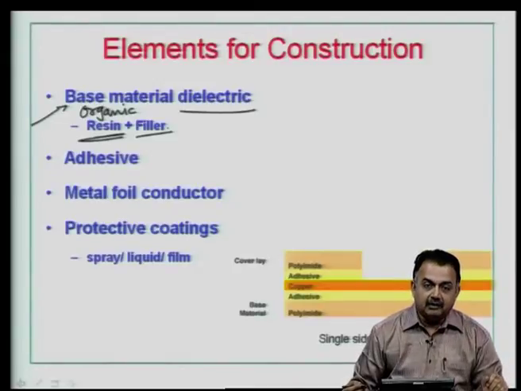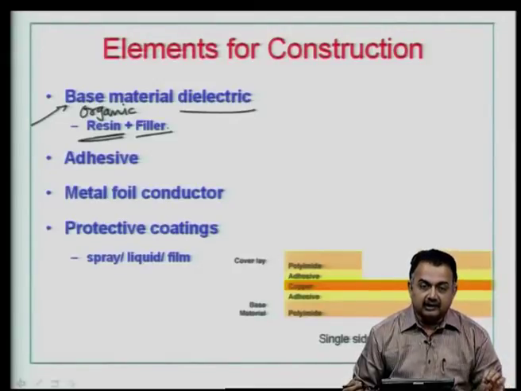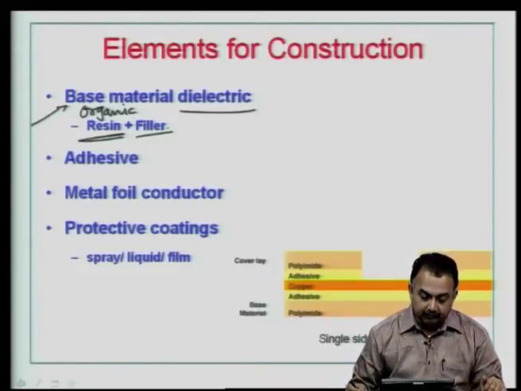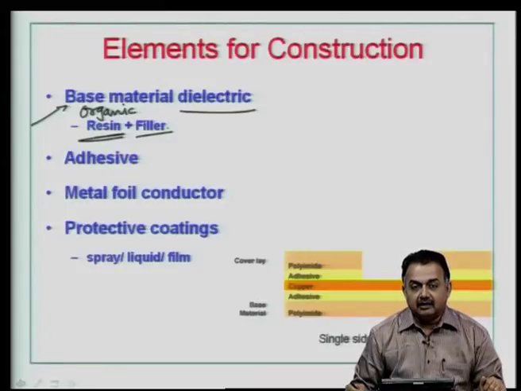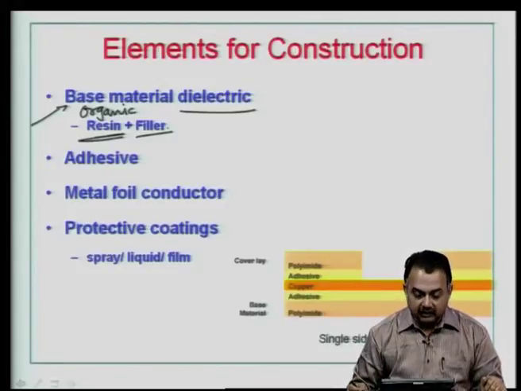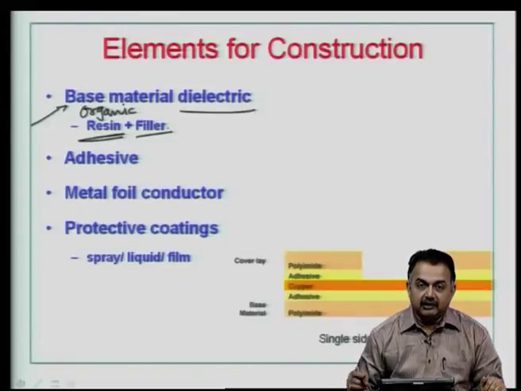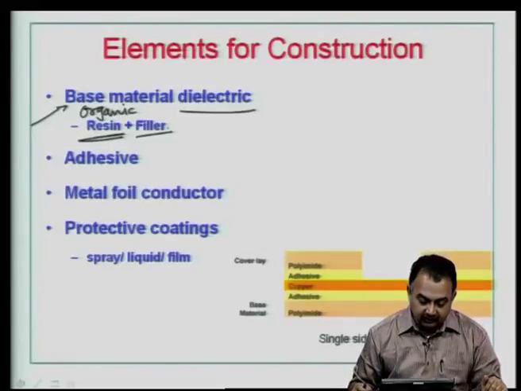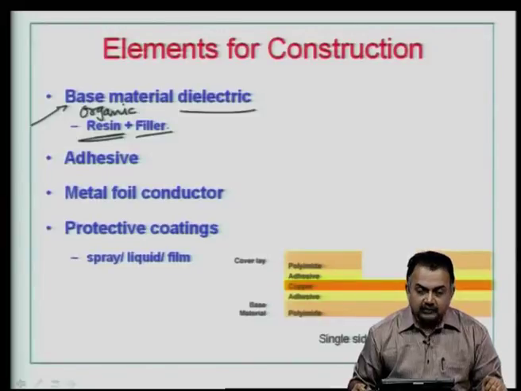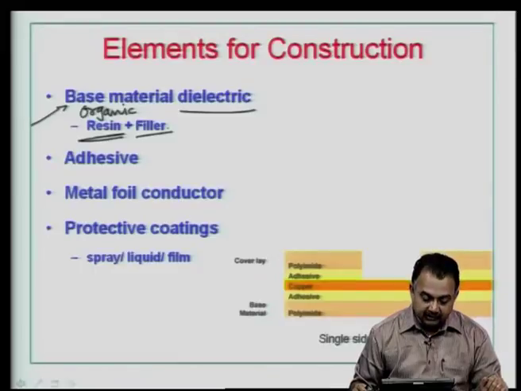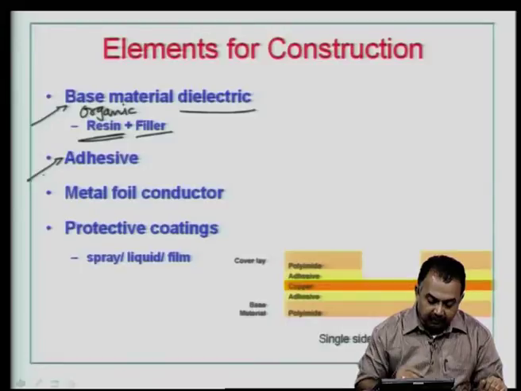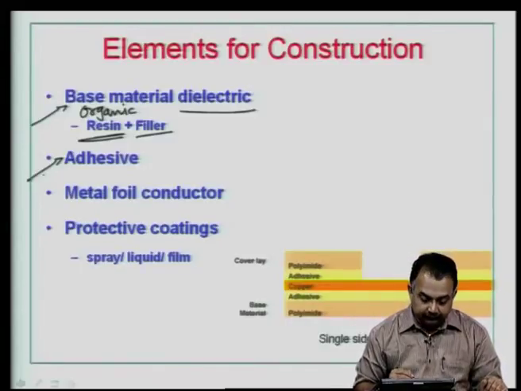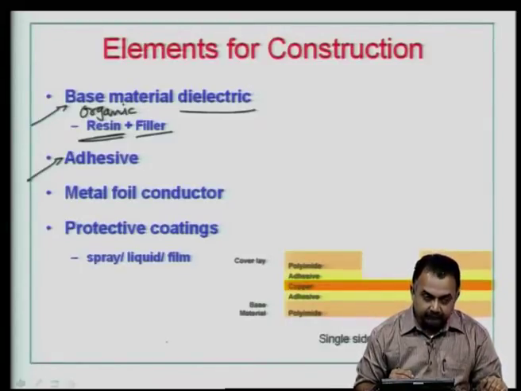The filler content can be very low. It can't be an entirely organic resin. The filler content can differ, but is very low in percentage compared to a rigid PCB. Then you require an adhesive that can bond the copper foil to the base dielectric material.